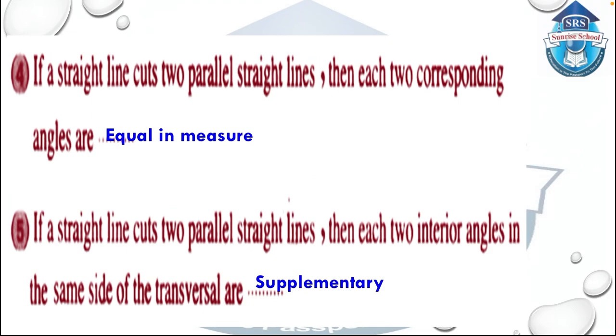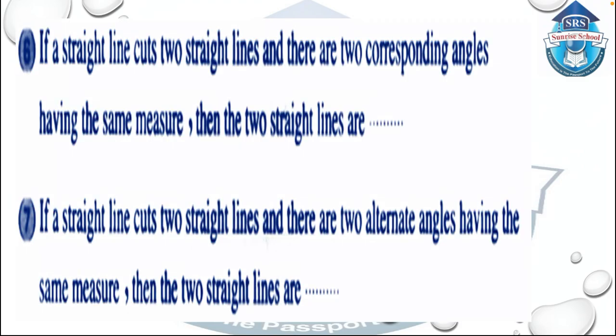If a straight line cuts two straight lines and there are two corresponding angles having the same measure, then those two straight lines are parallel. If a straight line cuts two straight lines and there are two alternate angles having the same measure, then the two straight lines are also parallel.